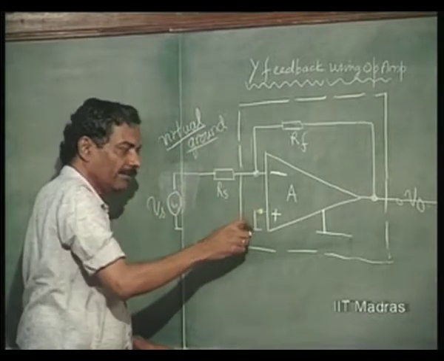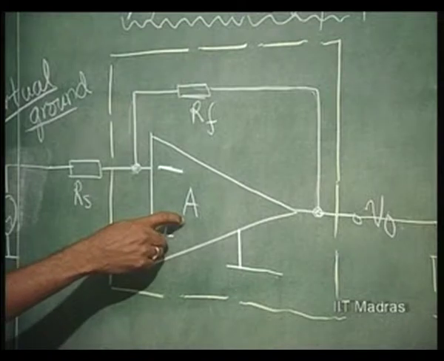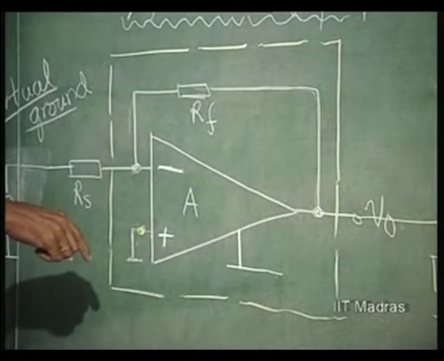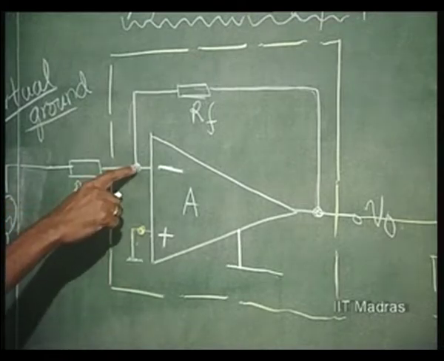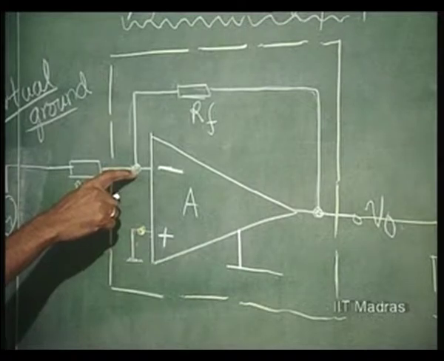If I ground the amplifier and if the amplifier gain is made infinity and if the output is finite and output is connected to input through negative feedback, then it is always this potential that becomes virtual ground.